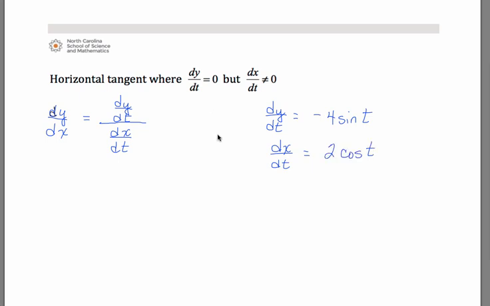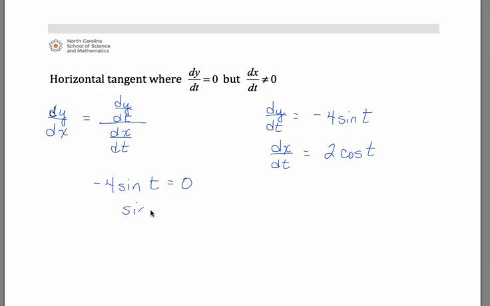So let's start by finding where dy/dt, the negative 4 sine t, is equal to 0, and then we'll just double check to make sure that at those values dx/dt does not equal 0.